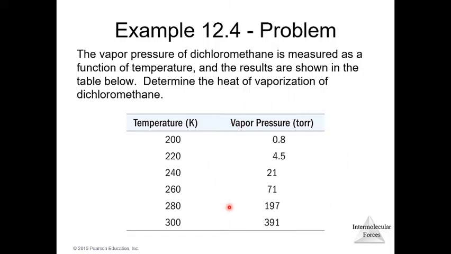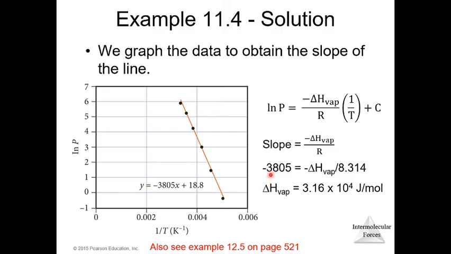Okay? All right, so if I plot my data, I'm going to do that in Excel or whatever plotting program you like. Excel's kind of crappy. There's better ones out there. They're just not as popular or well known. But you're going to graph 1 over T. Remember, T has to be in Kelvin. And then the natural log of pressure. Find the slope of your line. So if we plot our data, the slope is negative 38.05.